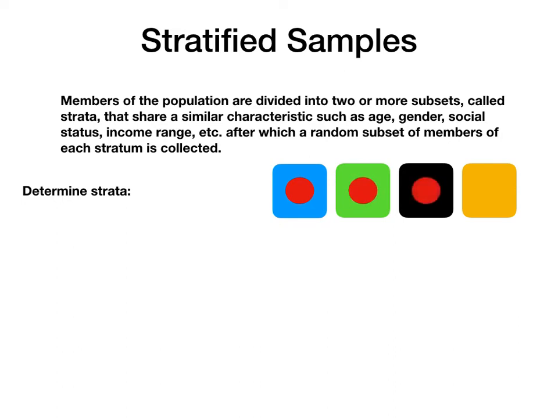So red dots are representations for the sample, right? You're selecting from each of the strata. Back to our example, if you want to collect information about UW-Tacoma students, you can use strata as classes: freshmen, sophomore, junior, seniors, and in each of the classes, you randomly select 50 students to have 200 students for your sample.